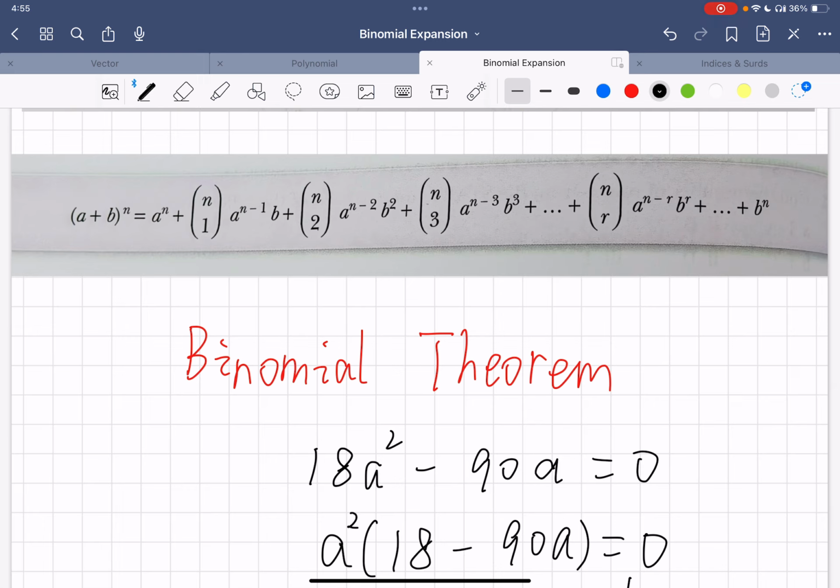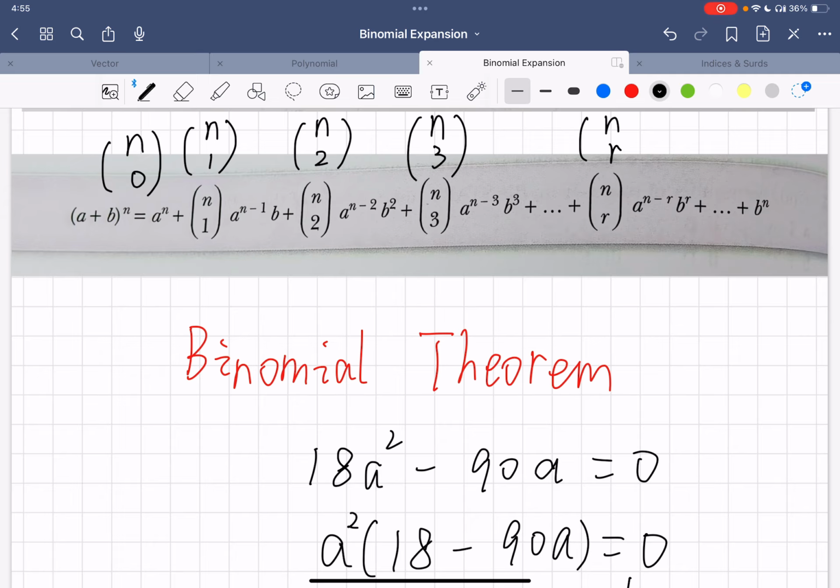So let's find out the pattern here. Actually, it's NC0, NC1, NC2, NC3, and NCR or NCK, whatever you like.